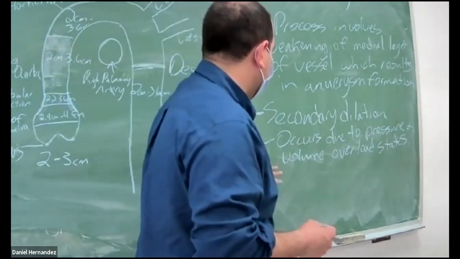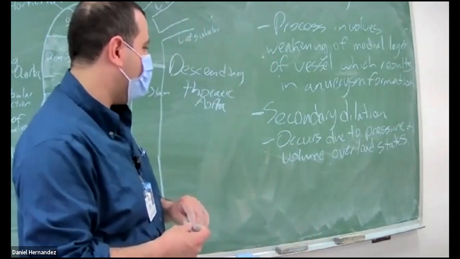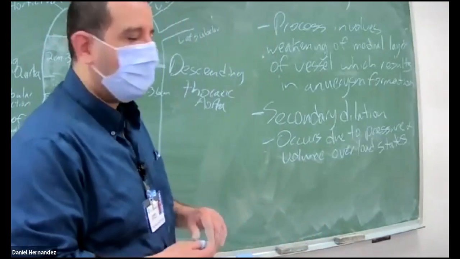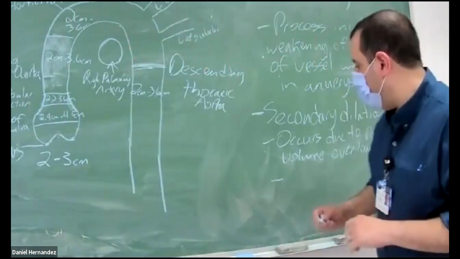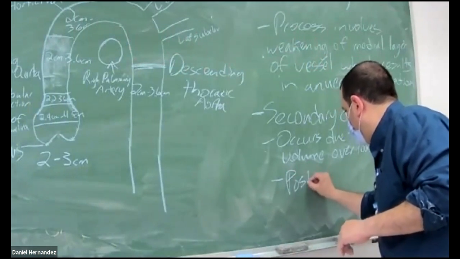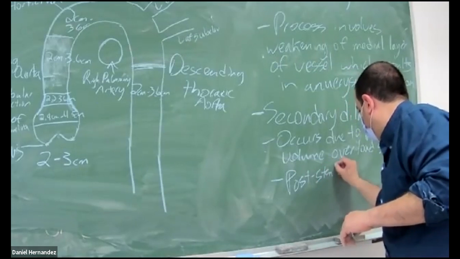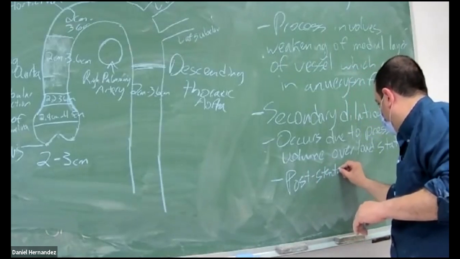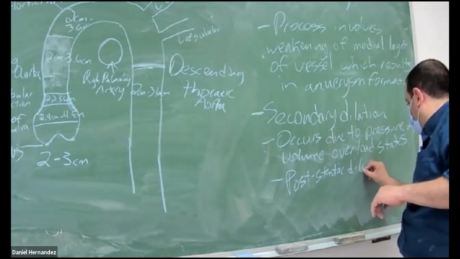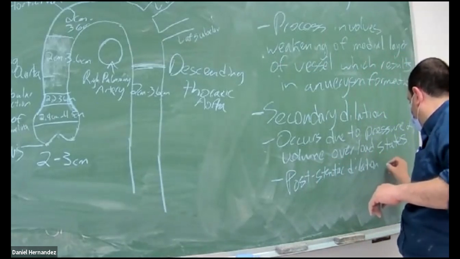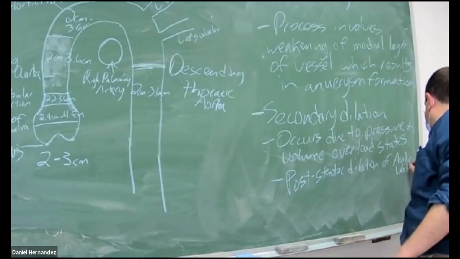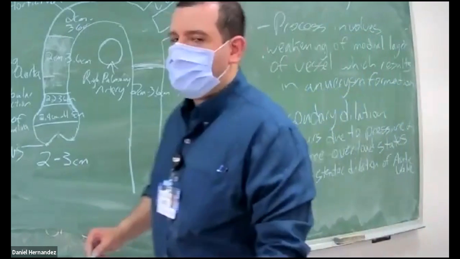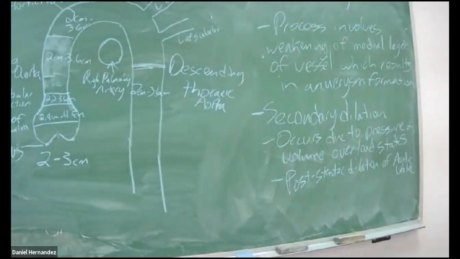When we talk about secondary dilatation due to pressure and volume overload states, an example is post-stenotic dilatation of the aortic valve. If we have a severely stenotic aortic valve, on the other side of that valve we're going to have dilatation.